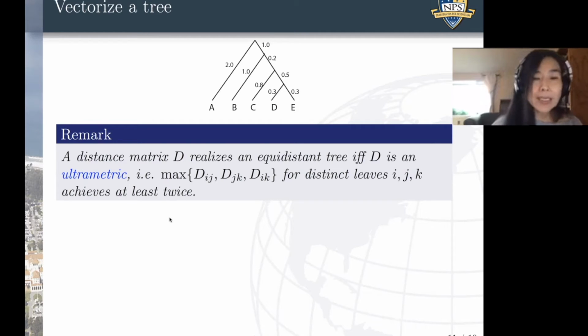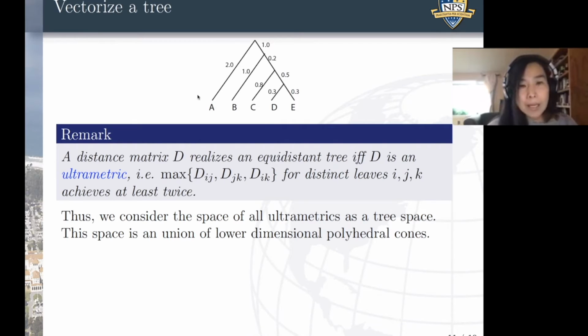Okay? If this satisfies, we call it ultrametric. And I know that if this tree is equidistant, then this similarity map has to be ultrametric. That's an if and only if relation.